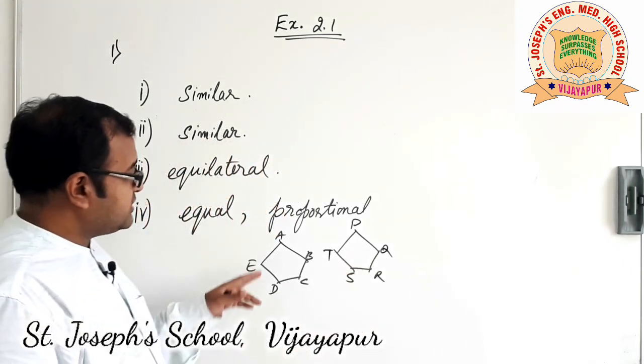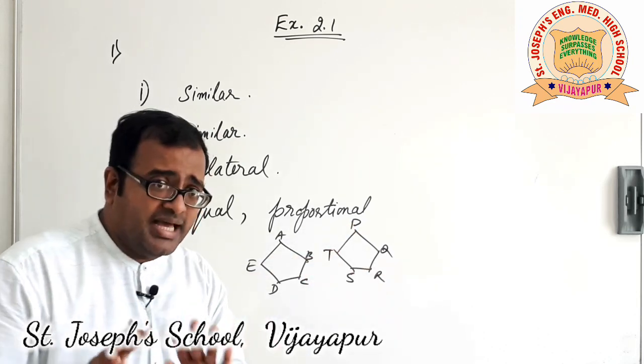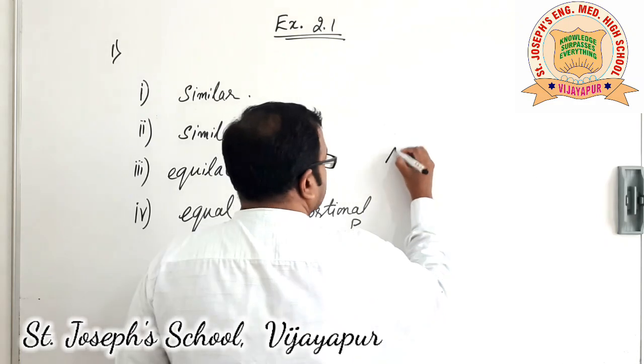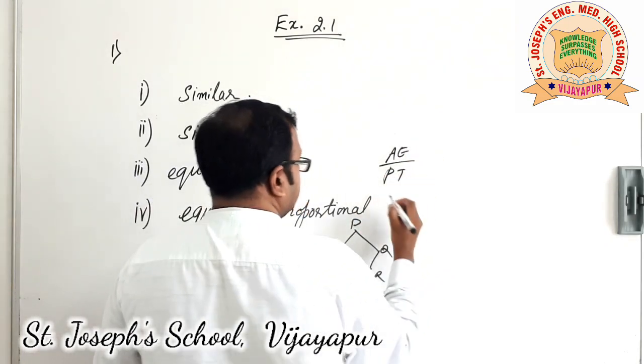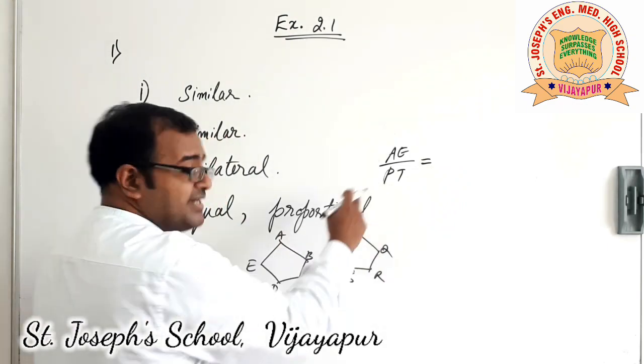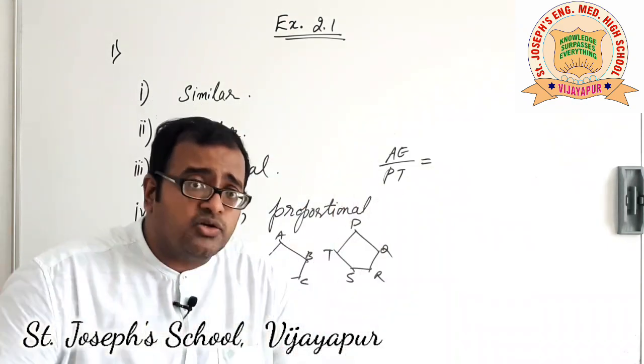Okay, if I am just considering that AE is corresponding to PT and AB to PQ, in that case, I can write AE upon PT is equal to, see, this is a ratio of two corresponding sides. I should take one more ratio, only then I can talk about proportion.